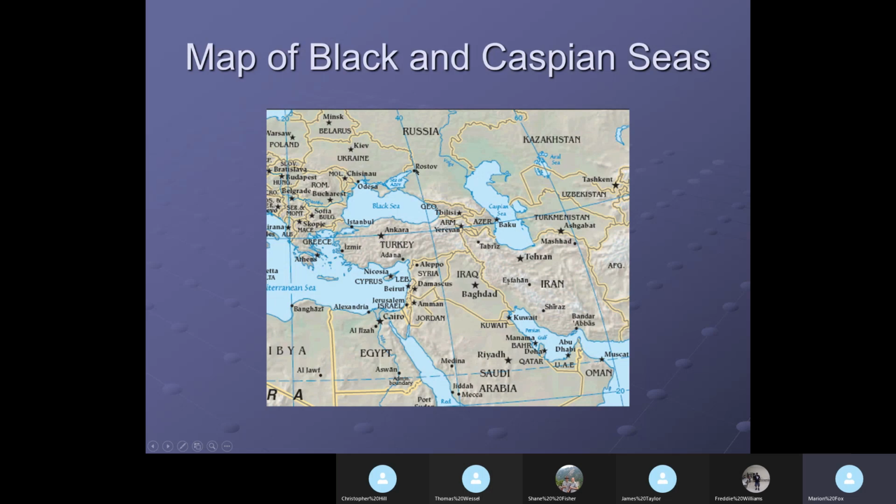There's Rostov on the Don River. And the Volga River, I was way up here about 250 miles north of Moscow on the Volga. In 1993 and 94, I was there lecturing.